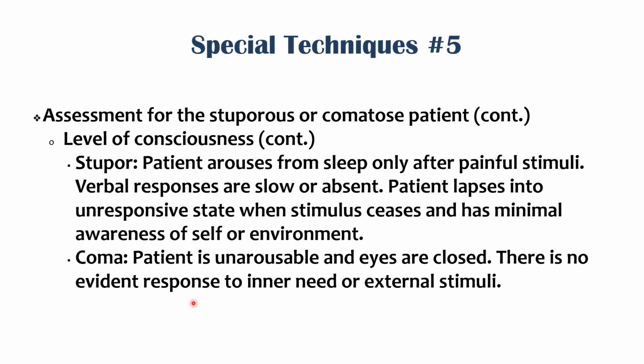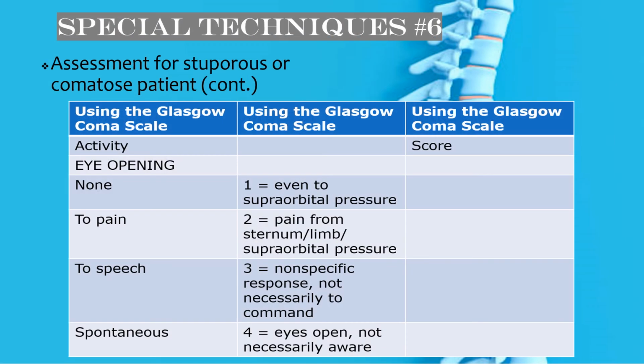There is no evident response to inner need or external stimuli. Imprecise terms may mislead other examiners, so the Glasgow Coma Scale, a standardized tool for objective assessment of patients, should be used.